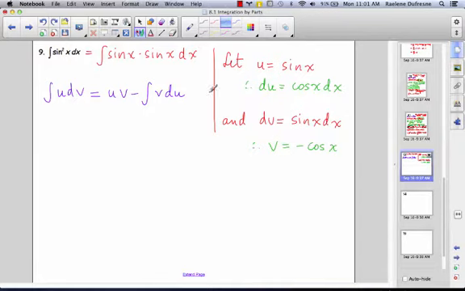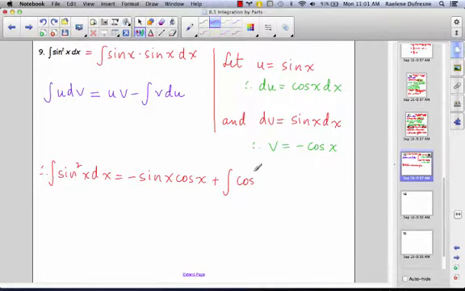So we plug these into our formula, and we see that the integral of sine squared x dx will equal u times v, which is sine x times negative cosine x, minus the integral of v du, which is negative cosine x times cosine x dx. So negative times the existing negative from the formula gives us plus the integral of cosine squared x dx.